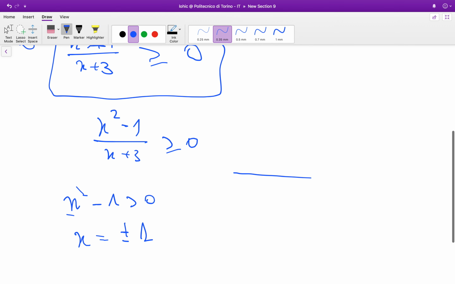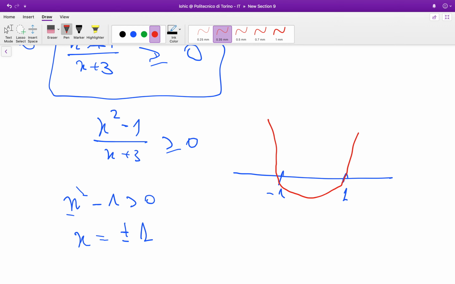Now, to study the sign of a parabola, let me put the roots. This will be -1 and this will be 1. These are the two roots. Now, is it an upward parabola or a downward one? It's upward because the coefficient of x squared is positive, right? So the parabola will be like this.